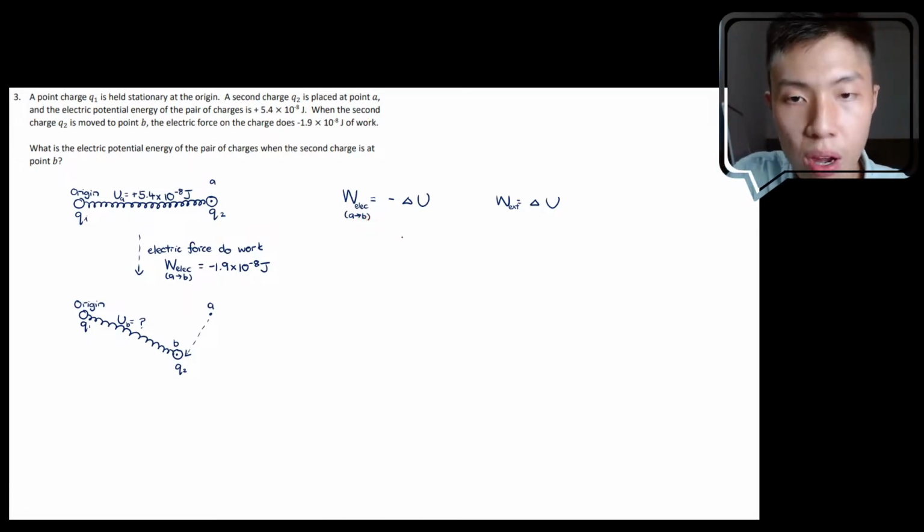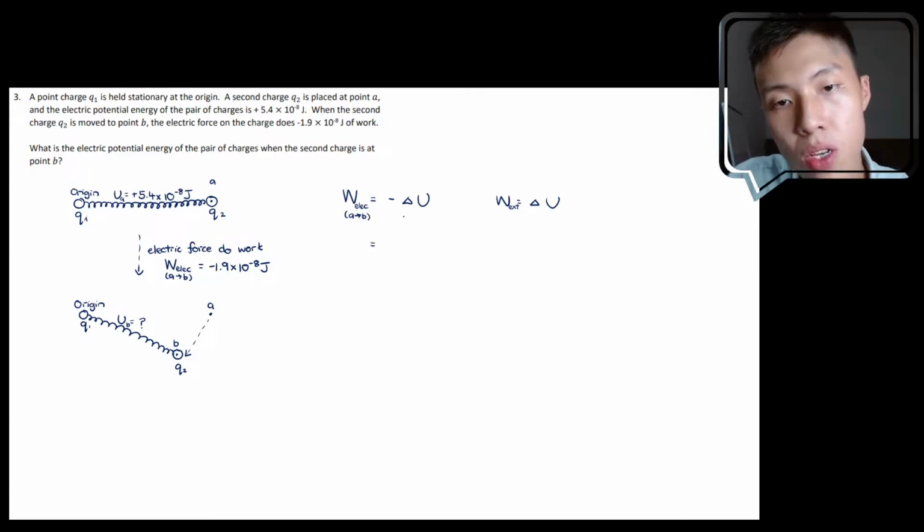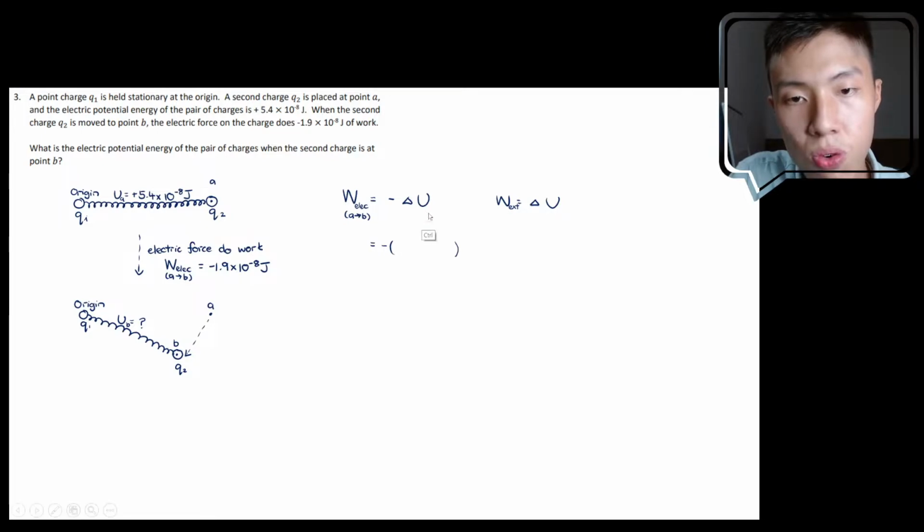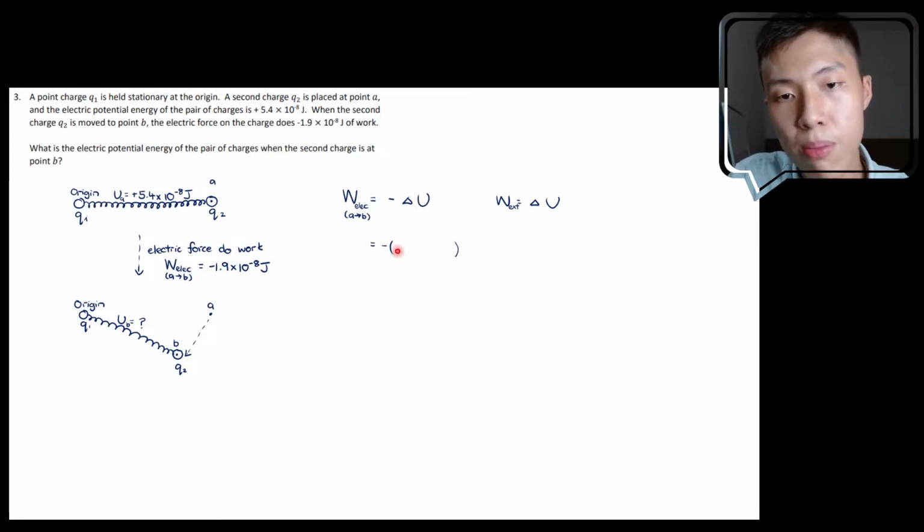Now I'll write my second line. I take negative, then delta U, which I expand to become U final minus U initial. That's the meaning of change of U. The final position is B, the initial position is A. Always remember, it's final minus initial.